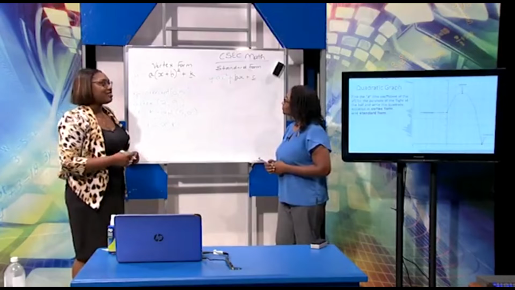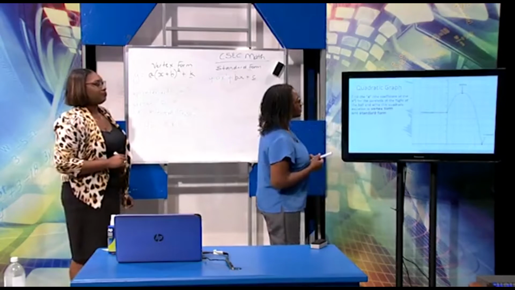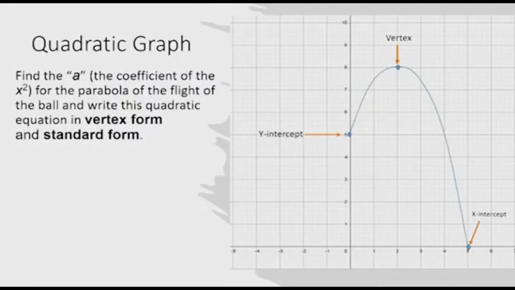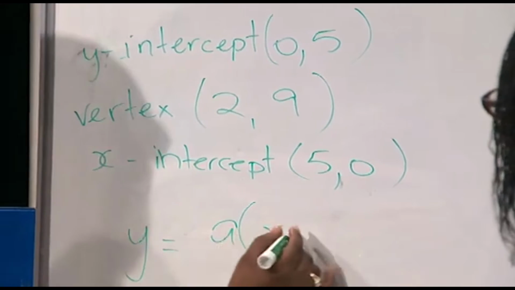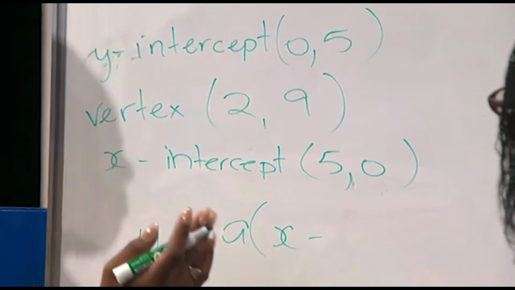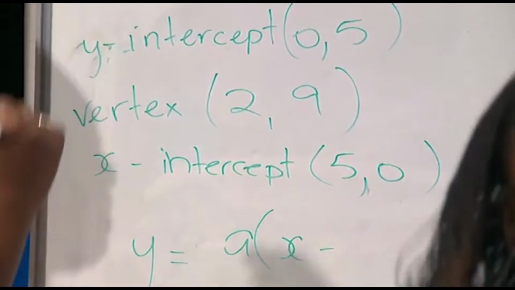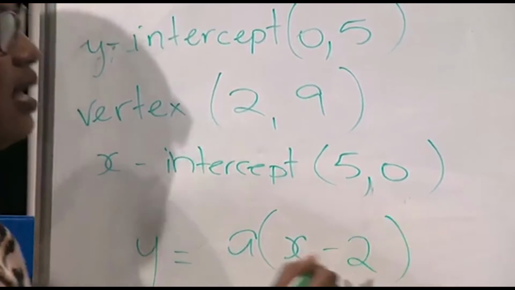Now, in this case, is our graph to the left or to the right? To the right. So is H going to be positive or negative? Negative. In this case, how many units from the vertex? 2 units.